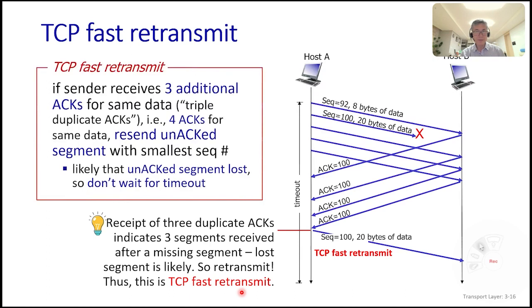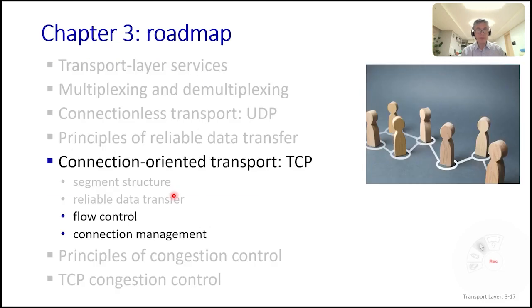In TCP fast retransmit, if the sender receives three additional ACKs for the same data, a triple duplicate ACK, eventually the original ACK and the three duplicate ACKs total four ACKs for the same data, it resends the unacknowledged segment. So don't wait for the timeout.